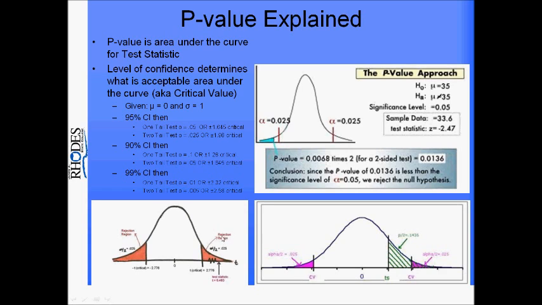You can see here, rejection region. If it falls in here or here, we reject. So for the p-value, this is the most important thing you need to know: if it's in that critical region, you reject. If it's not, if it's between, you fail to reject. Very important.